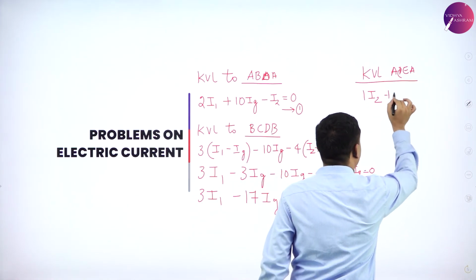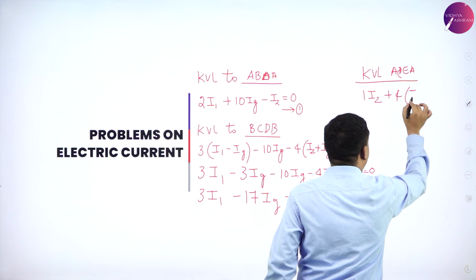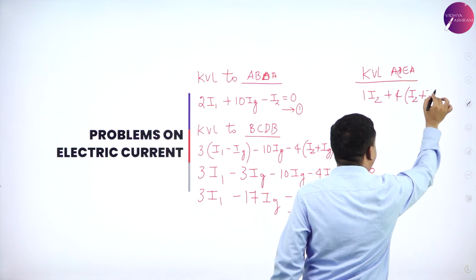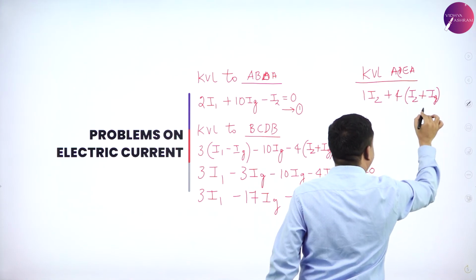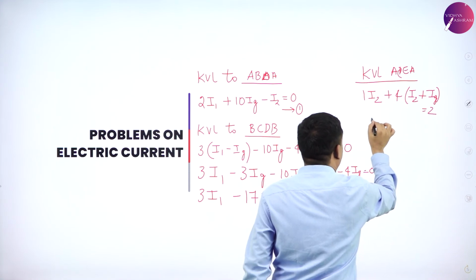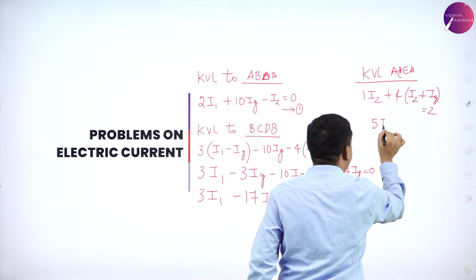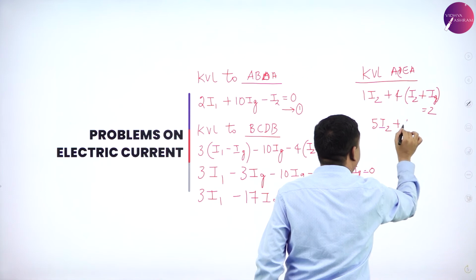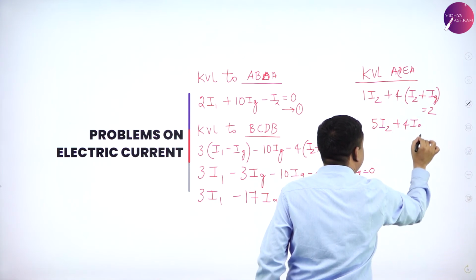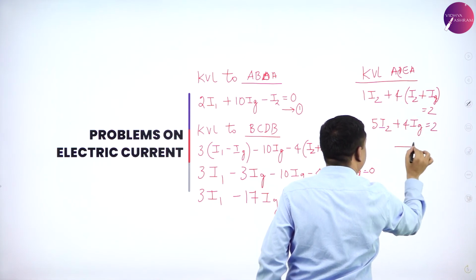So plus 4 times I2 plus Ig, which is equal to 2. Or this is 5 I2 plus 4 Ig is equal to 2.